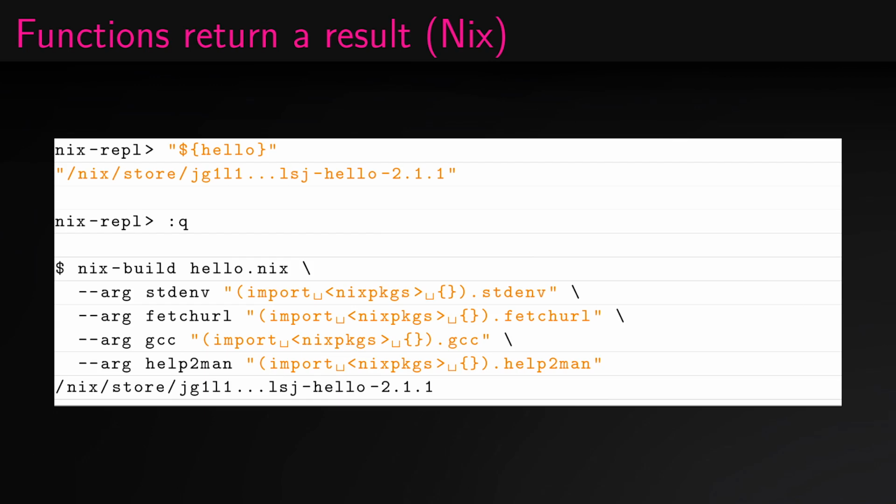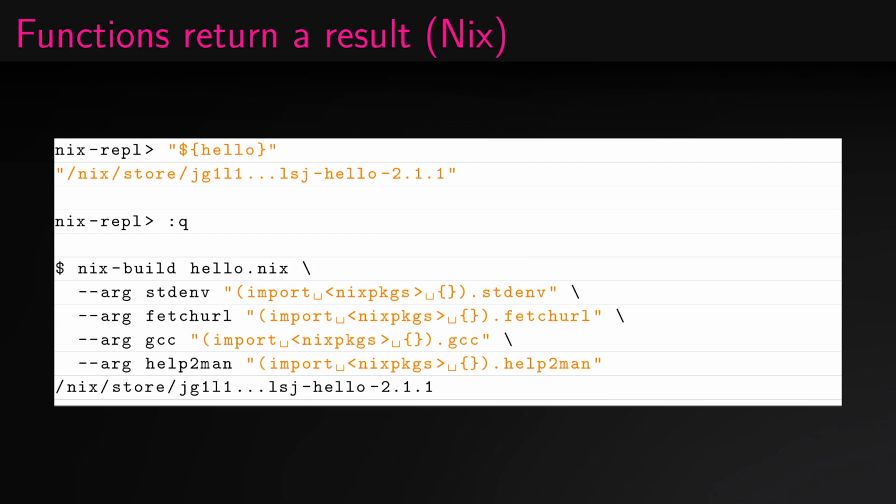Basically, a cryptographic hash is computed for a package based off of its dependencies and its build command and so on and so forth. So every time you're building a new package, if the version changes or the way that the package is built changes, then it will be a different cryptographic hash in that path. And that'll become important later on.